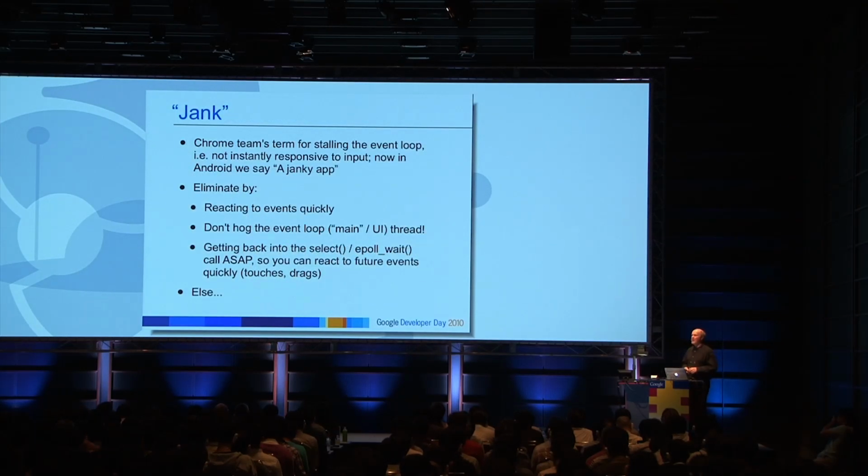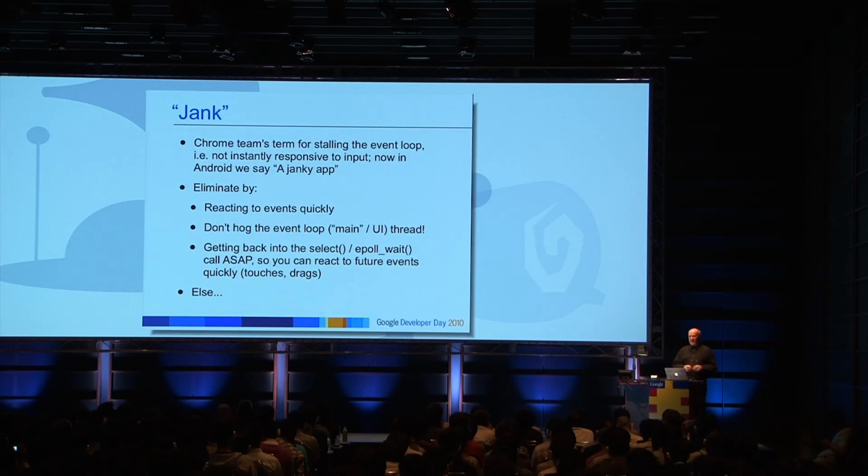So in the Chrome team at Google, they invented this word jank, and it has become very popular. All over Google, you hear people talking about jank, and they say janky if something has jank. And it's whenever the user can perceive a delay. So if I touch something on the screen and move it, and it stops, it doesn't go smoothly, that means it's janky.